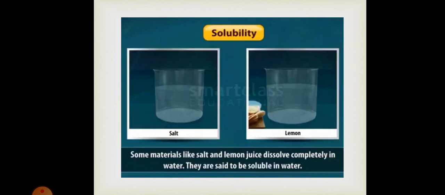Another property is solubility. Some materials like salt and lemon juice dissolve completely in water. They are said to be soluble in water. As you can see in the figure also, the salt and the lemon juice are not visible when dissolved in water.